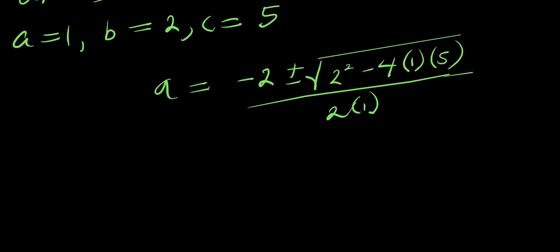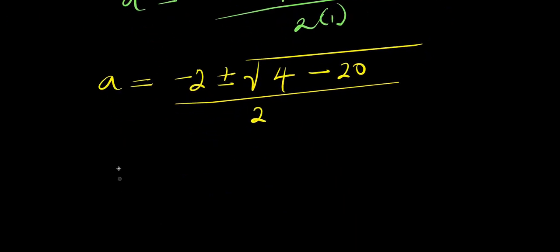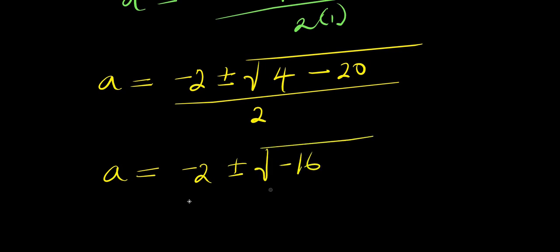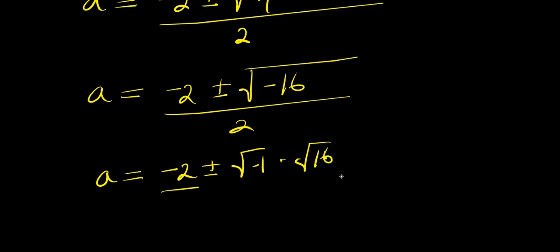So from here, I'll simply have a equals -2 plus or minus the square root of 4 minus 20, divided by 2. So from here, I'll have a equals -2 plus or minus the square root of -16, divided by 2. So from here, I'll have a equals -2 plus or minus, this minus here, the square root of -1 times the square root of 16, divided by 2.